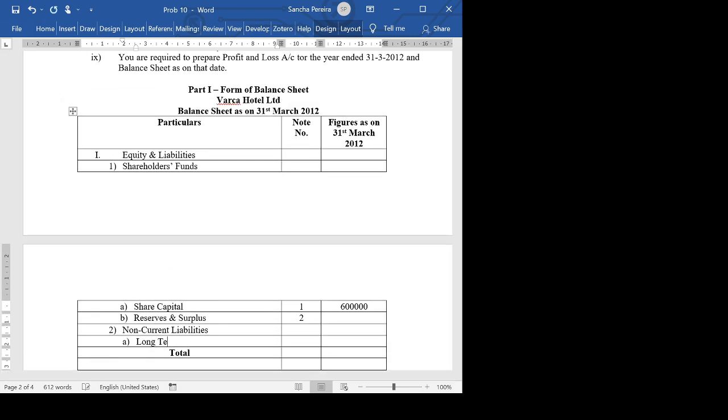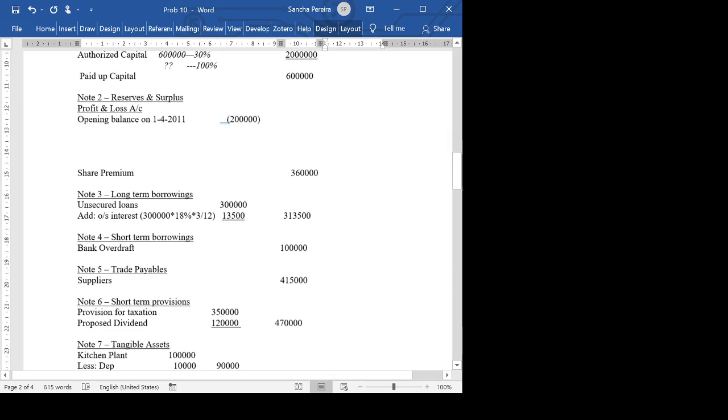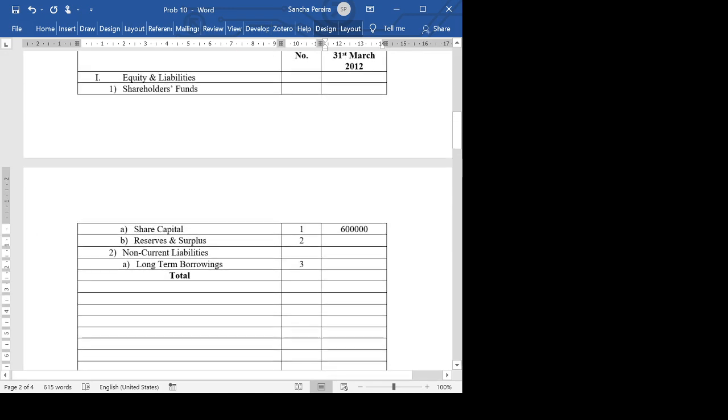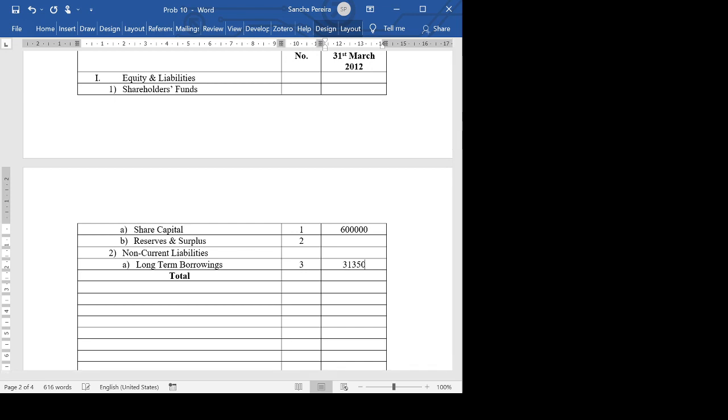That's the only item here: note number 3, and the amount of long-term borrowings is 3,13,500. Then there are long-term provisions and other non-current liabilities, but we don't have anything under those items.